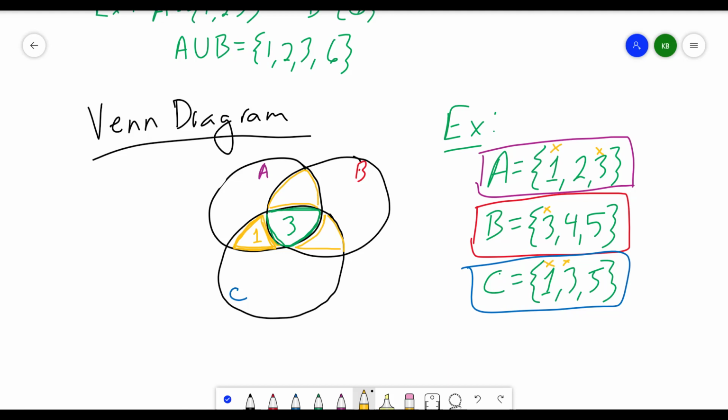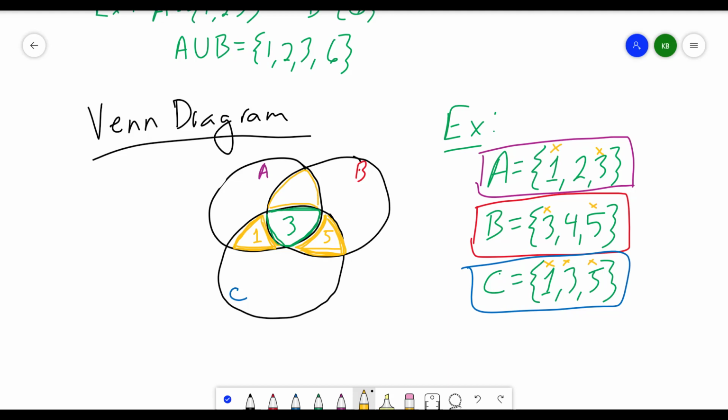And then finally, I'll come over to the third of these 3 regions, and I'll see that it overlaps with C and B, but it's outside of A. So C and B both have a 5. And I've taken care of that element, so I'll mark it off.